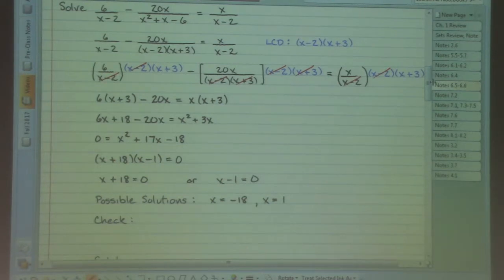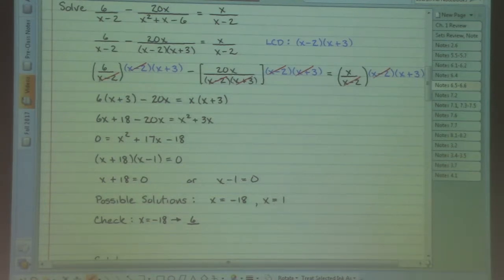If we take the time and trouble to check this out, now let's try to squeeze that original problem up there at the top again. If we take that x equals negative 18 and slap that in, that's a 6 over negative 20. Let's actually write it out.